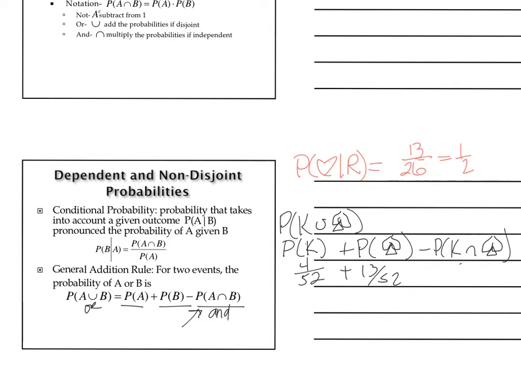There's only one king that's a spade. Minus 1 out of 52, because that card is counted in the group of spades and the group of kings. So you have to subtract that off. And that answer ends up being 17 minus 1, 16 out of 52, which reduces to 4 over 13.